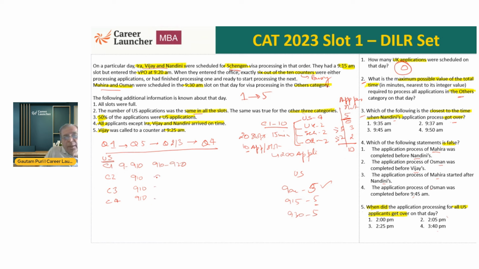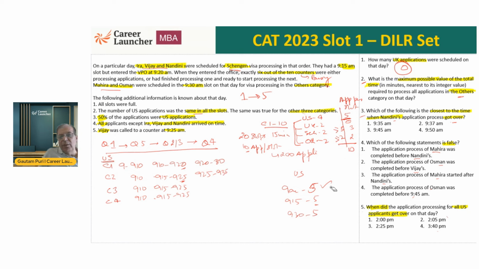That means they will go from 9:15 to 9:25. And the moment the 9:20 person is finished, the 4th person will start at 9:20 and go up to 9:30. And when the other is over by 9:25, 9:25 to 9:35 will be the 5th person.